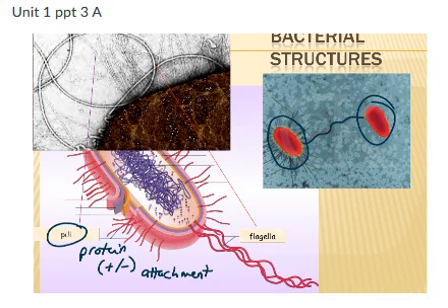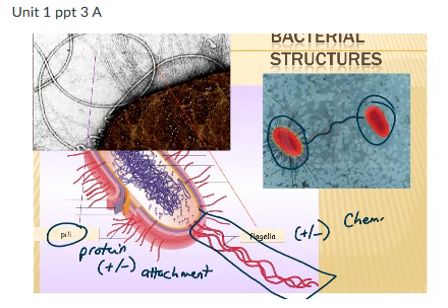I'll also mention flagella. Flagella are the tails at the end of bacteria. These are made of protein and also found in both gram-positive and gram-negative. What do they do? They provide motility, which is the ability for the bacteria to move. This type of motility is known as chemotaxis.